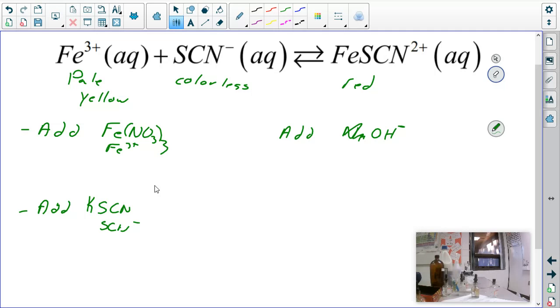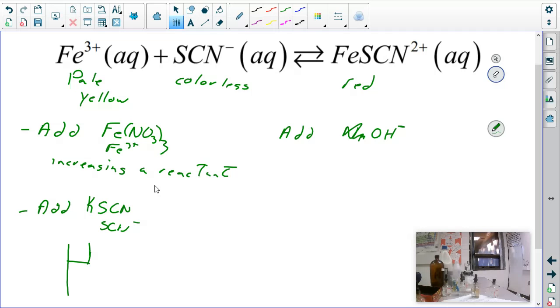Okay, so we're increasing a reactant. The system is going to want to fight that addition of that reactant. Okay? Doesn't matter which one of these I add, it's going to be the same process.